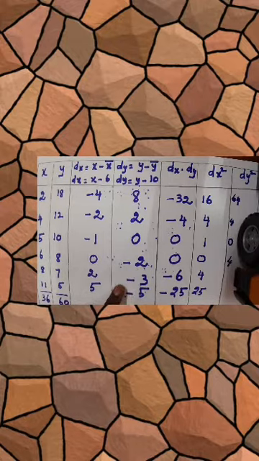Then minus 2 the whole square will give you positive 4. Minus 3 the whole square will give you positive 9. Minus 5 the whole square will give you 25. Correct? Have a look.